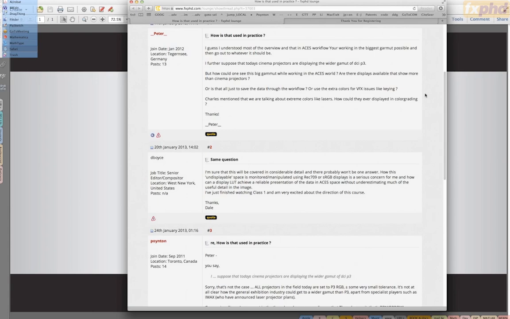But Peter wonders, how could we see a bigger gamut while working in the ACES world? The answer briefly is that all of the deployed cinema projectors today, at the professional level, D Cinema, mastering and exhibition, are all P3 plus or minus.